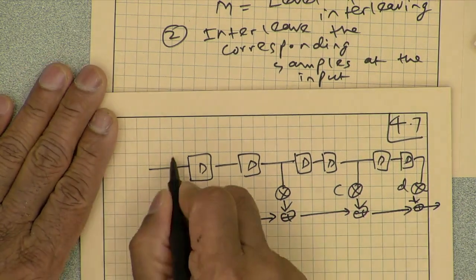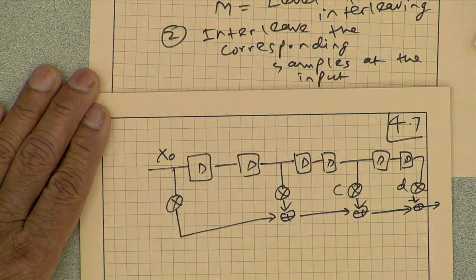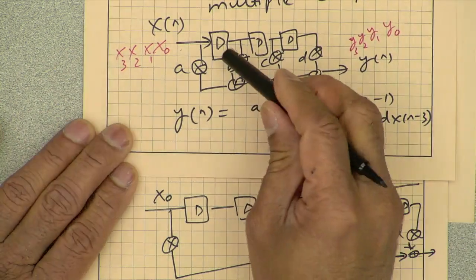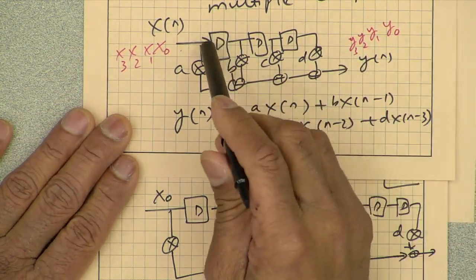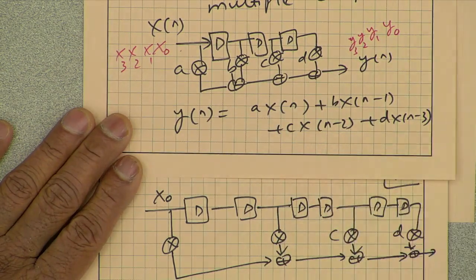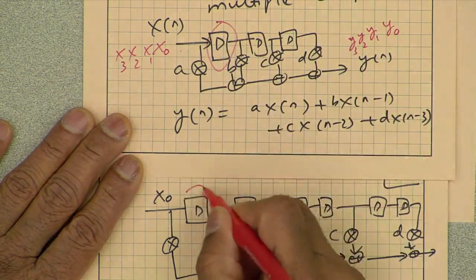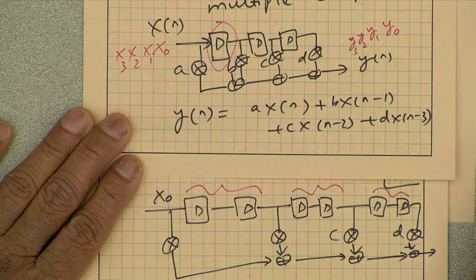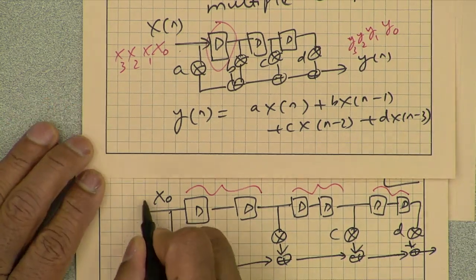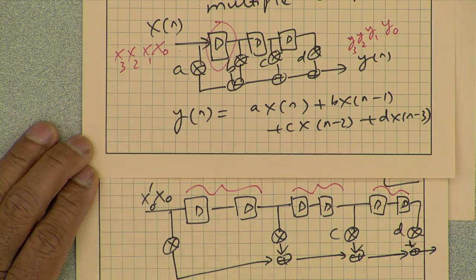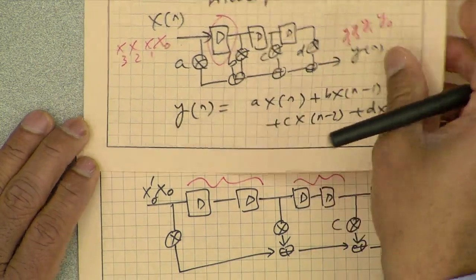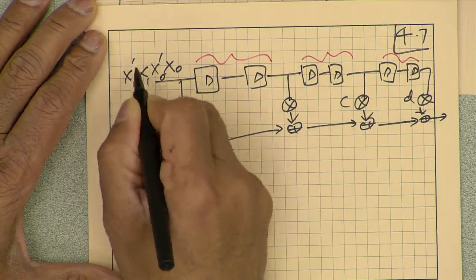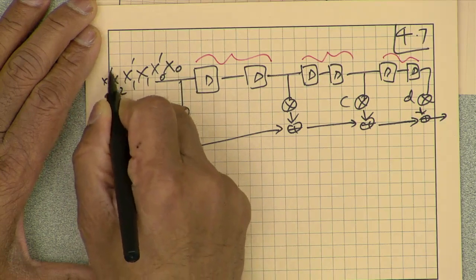So what I have done is simply start with the original data path x[n] with 3 delays, and each delay here is replaced by 2 delays. We are now going to input x0, sample number 0 of time series x, followed by sample number 0 of time series x', then x1 followed by x1', x2 followed by x2', and so on.